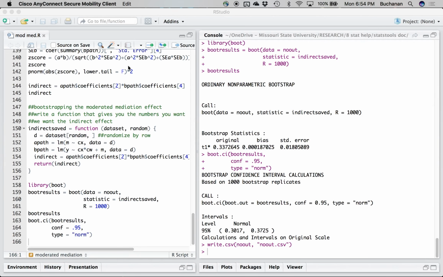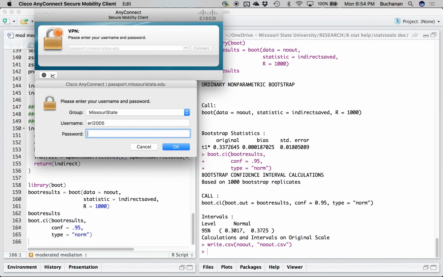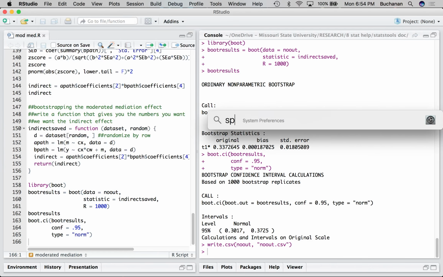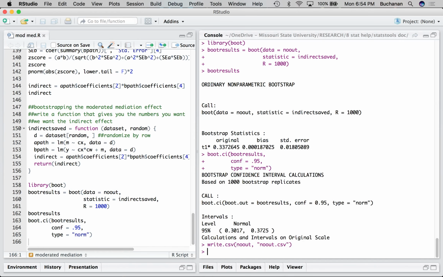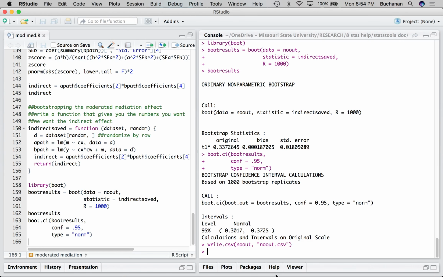Two shakes, I forgot to log in to my university server. Now let's look at this in the process model plugin and show you that it's approximately the same thing, while we wait 8 years for SPSS to open.